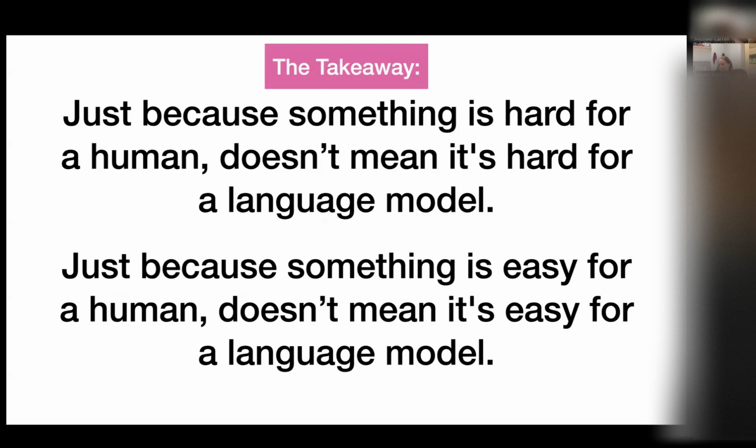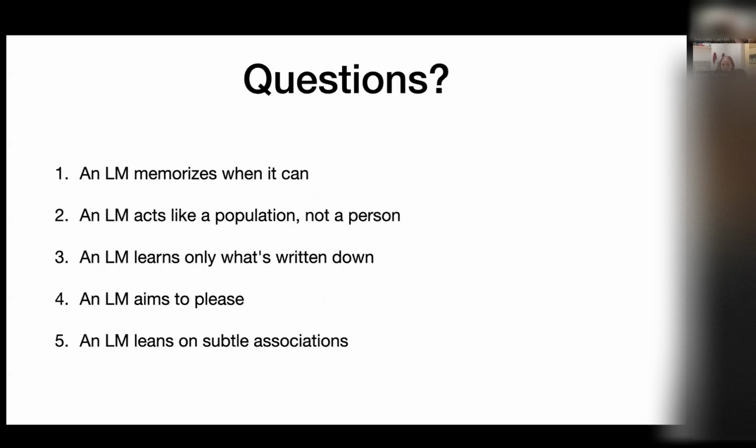So your expectations around language models should not be shaped super closely by what you would expect from a human. Okay, I realize actually this was a faster talk than I was expecting to give, but that just means we have lots of time for questions, actually.